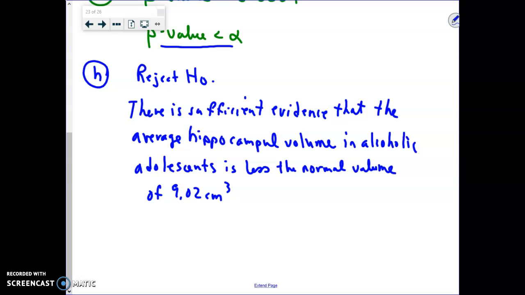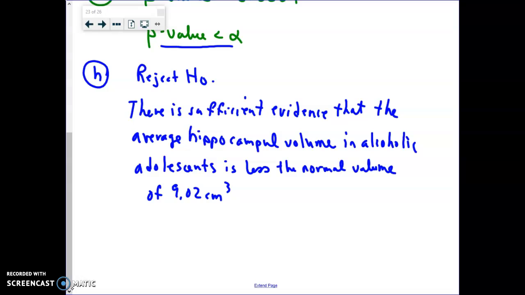So basically what this is saying is that our evidence was strong enough. Only 4 out of every 10,000 samples would be more extreme than ours. That's really, really extreme. So we're saying the evidence is strong enough to say that by our sample data, it was extreme enough that this wasn't caused by chance fluctuations in the sample data.